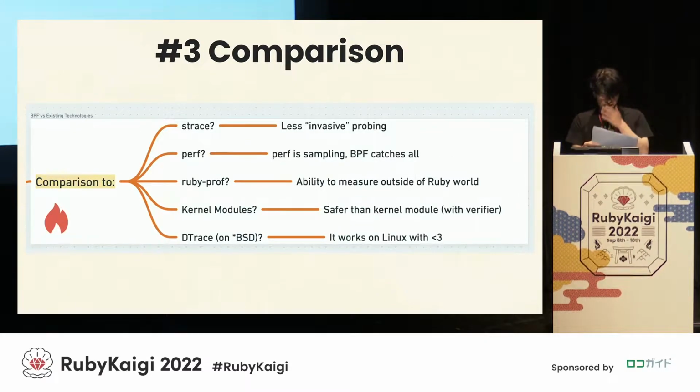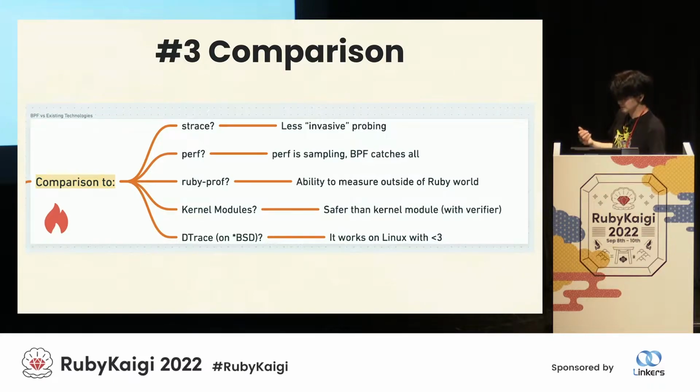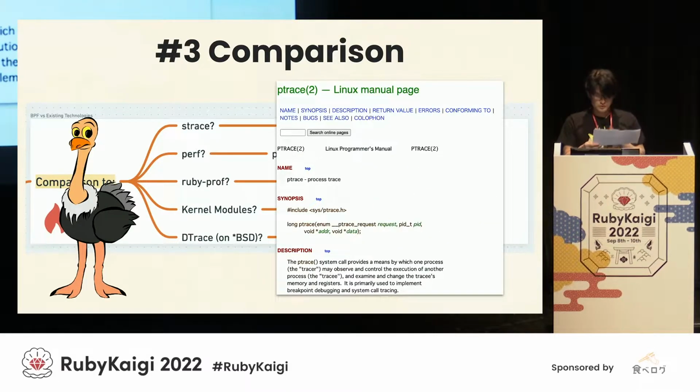Okay, now it is time to compare with other tools. There are several tools that provide functionalities similar to BPF, but today I focus on two tools. For example, do you know strace?